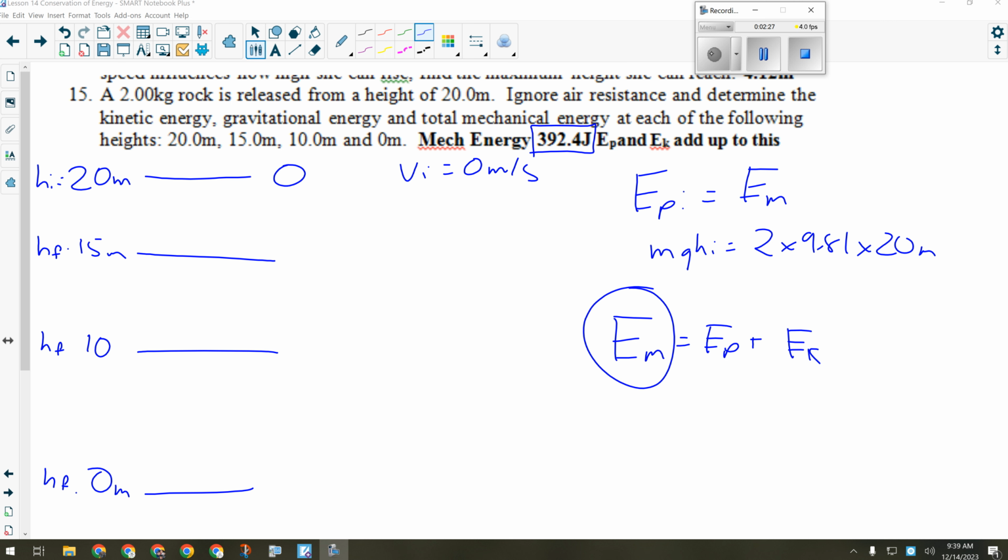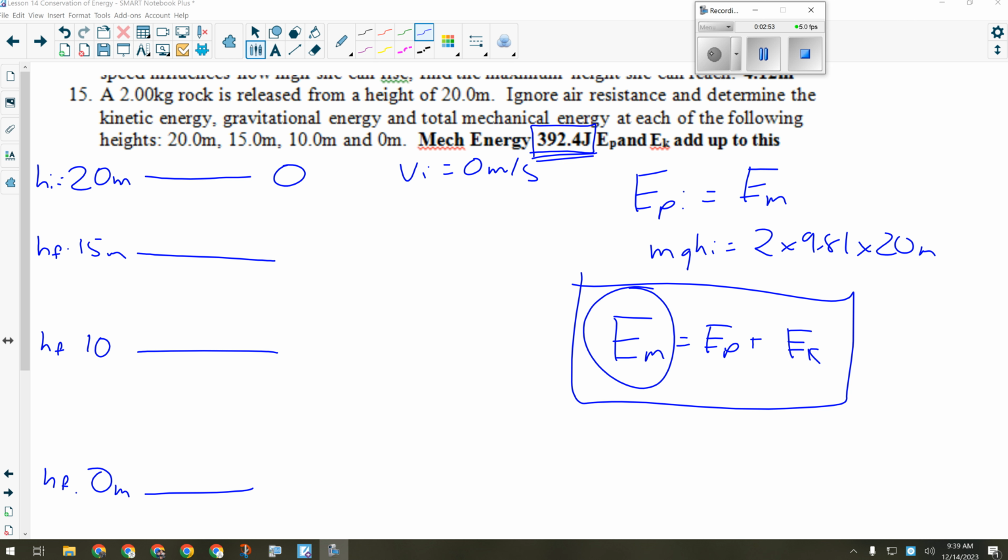You already know this number, it's right here, and it's not going to change. Can you calculate the potential energy at all those heights? Yes. How do you get the kinetic energy? Subtract it. Subtract the potential from 392.4 and you've got the kinetic at every height. You don't need the speed. All this was testing was, do you remember that mechanical energy is the sum of potential and kinetic?